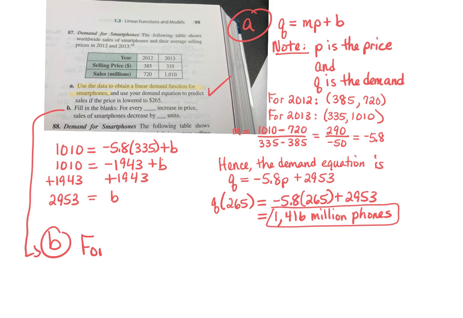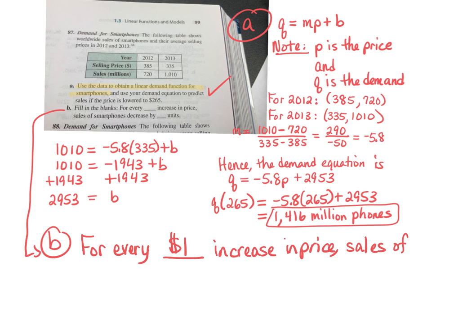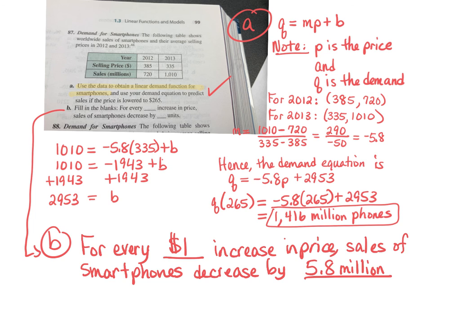So for every dollar increase in price, sales of smartphones decrease by 5.8 what? Good. 5.8 million. That's the second blank. Units.